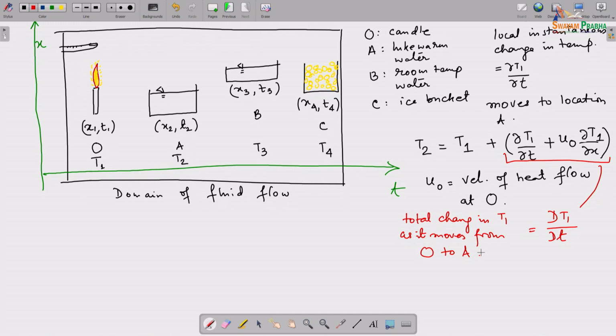So I can write that I now have a new temperature, T2, and this is equal to T1 plus dT1 by dt.